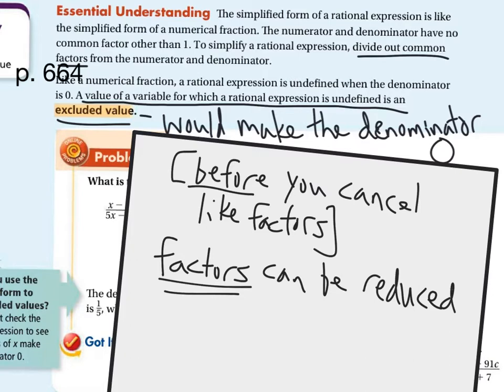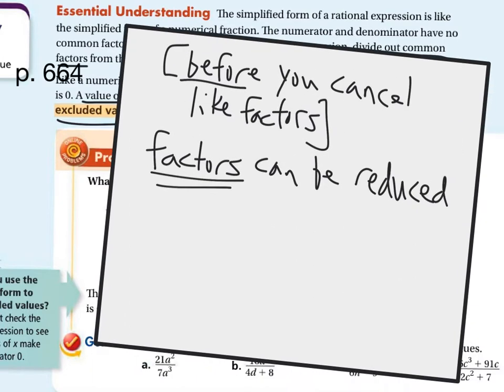So what happens sometimes is people have the wrong idea about canceling things out. So they'll say, like we've got 3x plus 4 all over, let's say x plus 7.